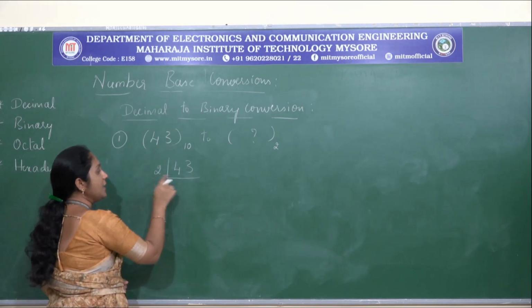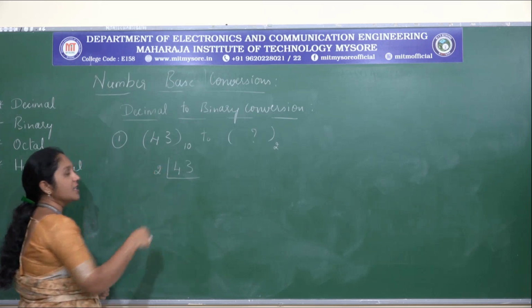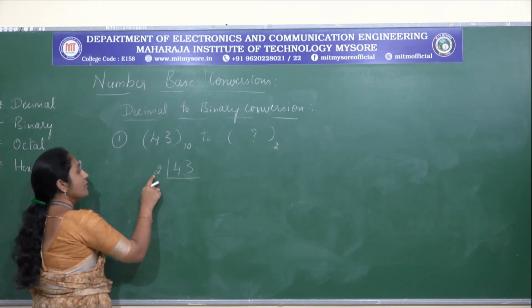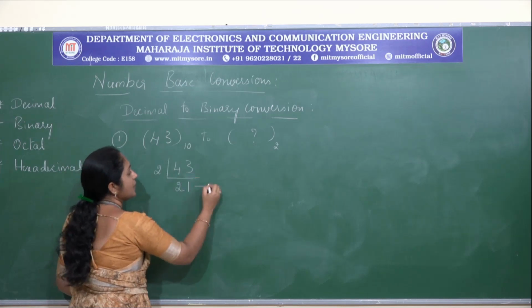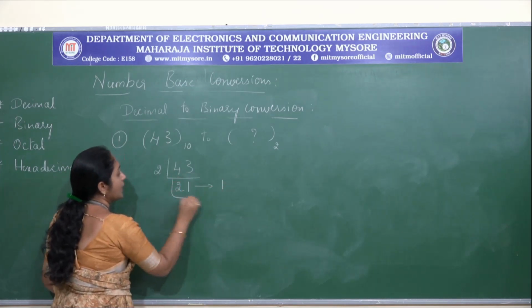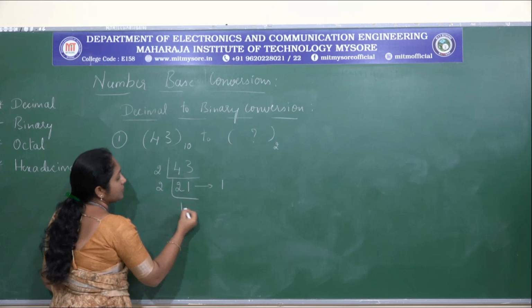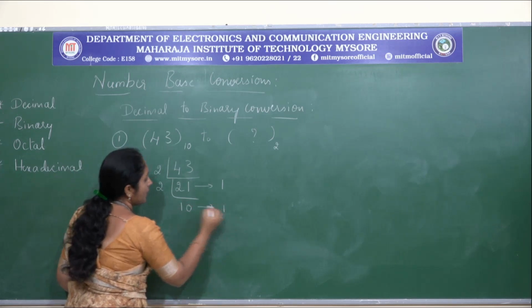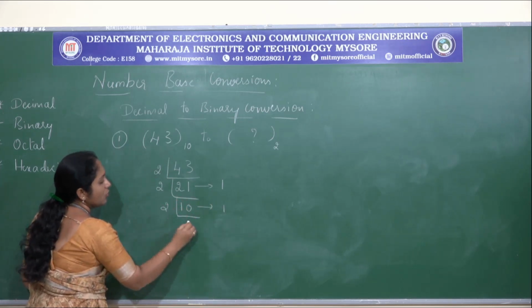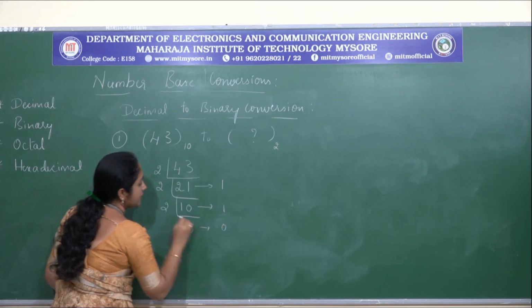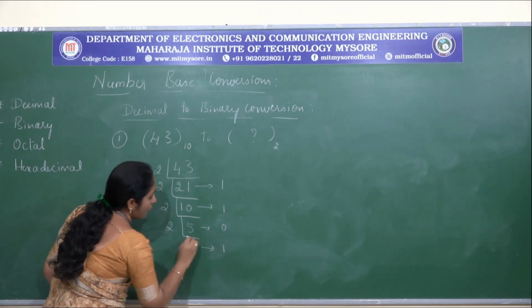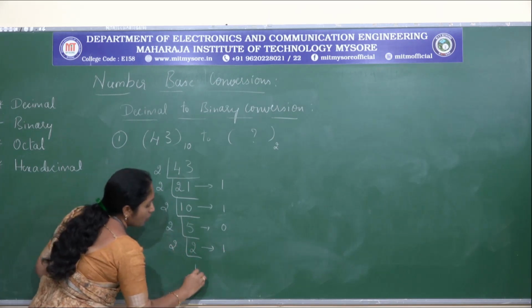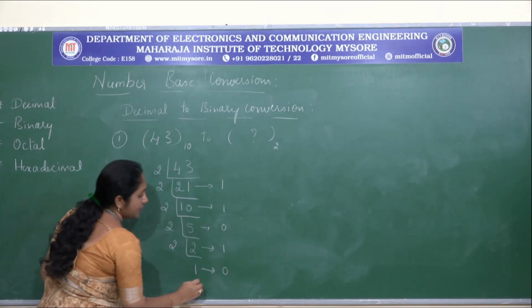So we have 43. Let us consider the successive division of 43. When we divide 43 by 2, 2 21s are 42, remainder is 1. Next again, 21 divided by 2, remainder is 1. 2 5s are 10, remainder is 0. 2 2s are 4, remainder is 1. 2 1s are 2, remainder is 0.